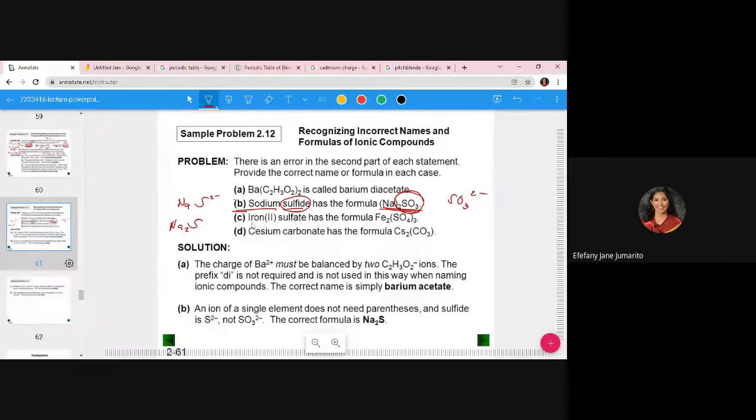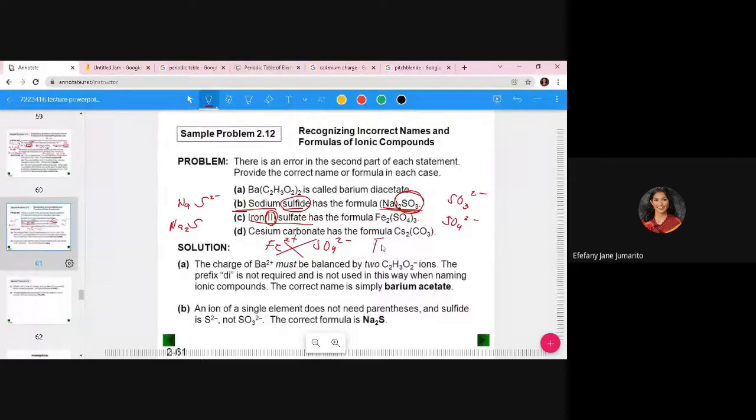Letter C, iron sulfate. Iron 2, so the charge is 2. The sulfate is SO4 2 minus. Okay, cross multiply.